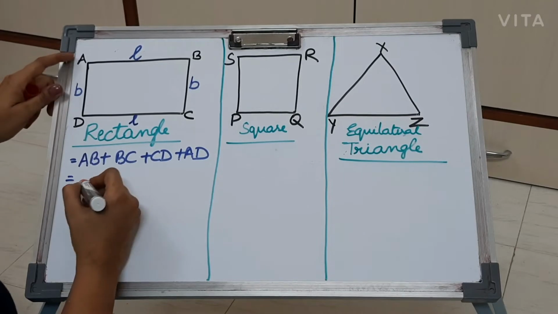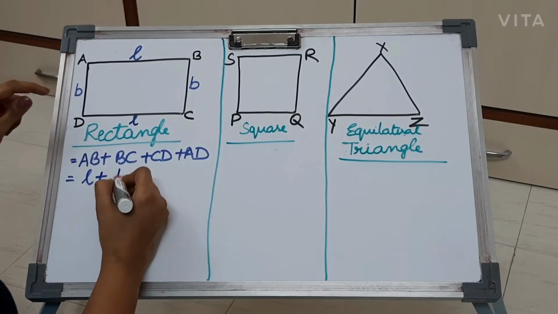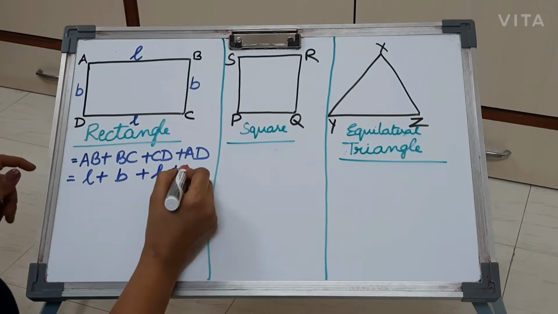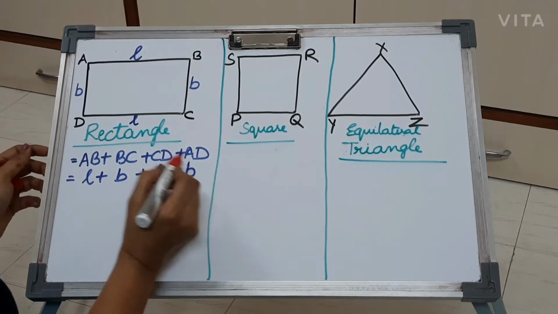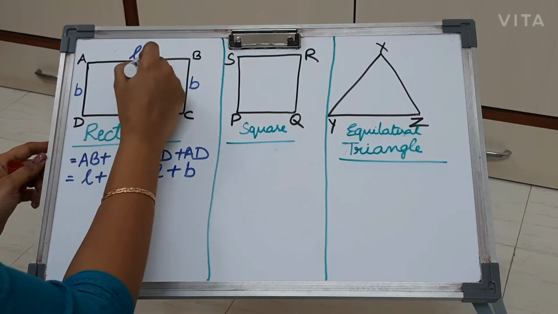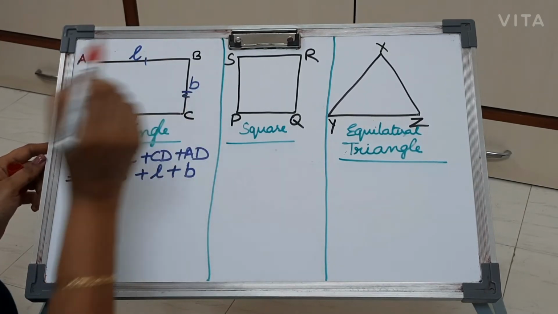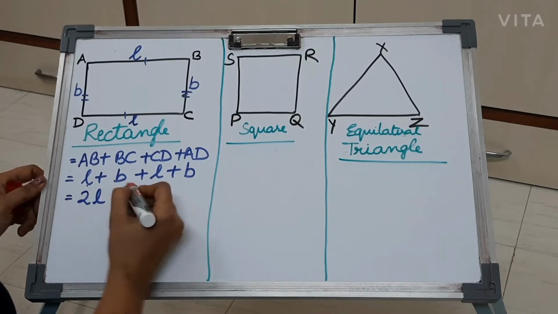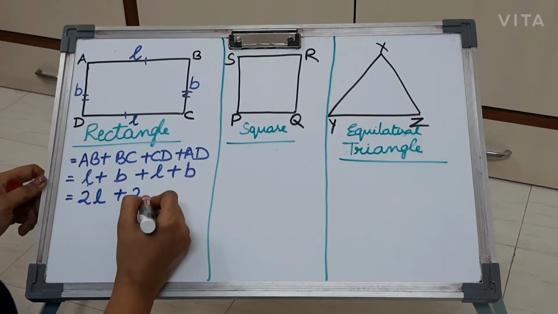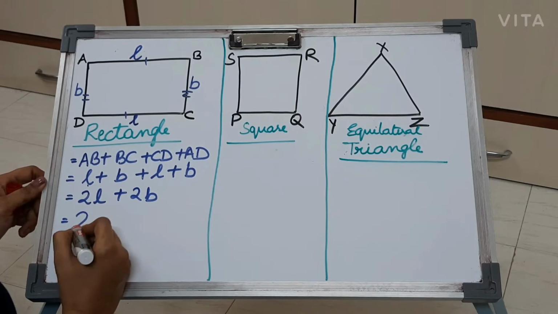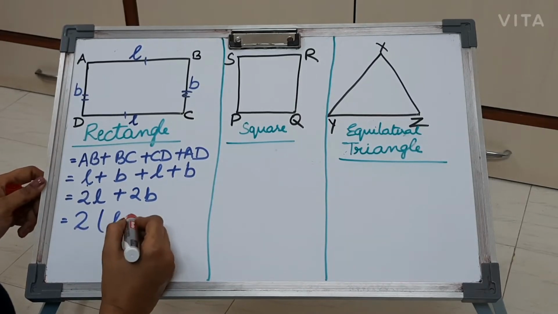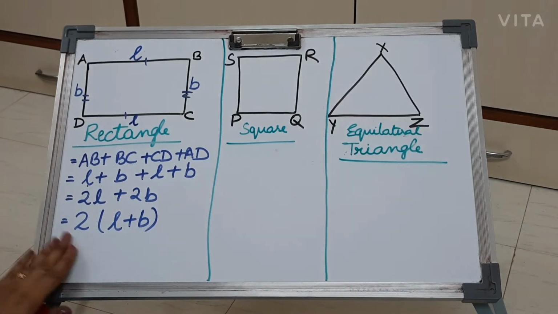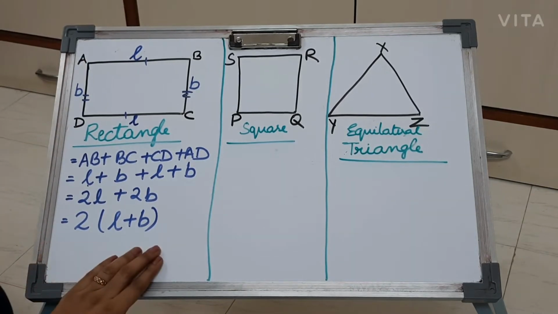AB is L, BC is B, CD is again L and AD is B. Why? Because we know that opposite sides of a rectangle are equal. So L plus L is 2L, plus 2B. Taking 2 common, that is 2 times length plus breadth. So this is the way we derive the formula for the perimeter of a rectangle.